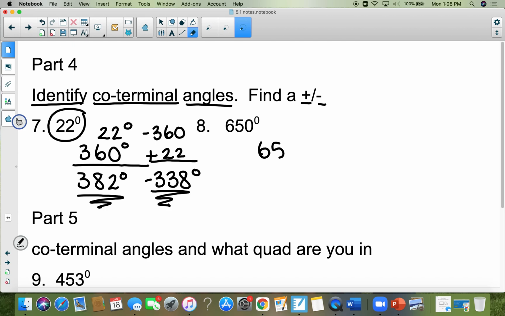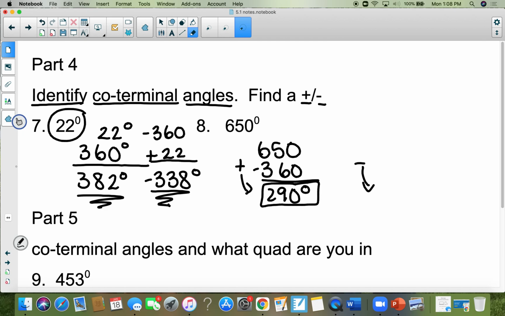I want a positive one, and then I want a negative one. A positive one is, I'm going to subtract 360, and that's only going to give us 290. That's a positive angle. So 650 and subtract 360, this is a positive angle.